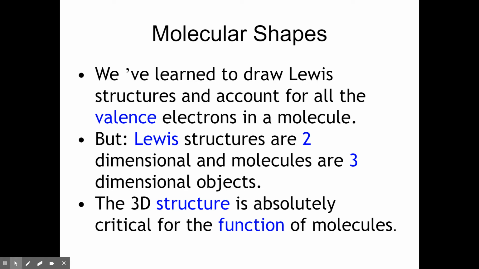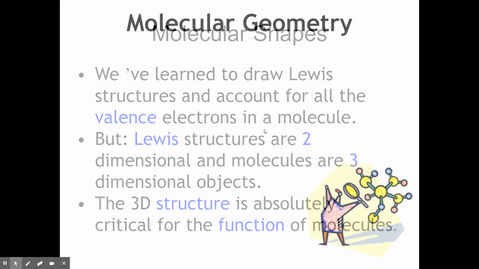Molecular shapes. We have learned to draw Lewis structures and account for all of the valence electrons in a molecule. But Lewis structures are two-dimensional, and molecules are three-dimensional. The three-dimensional structure is absolutely critical for the function of molecules.